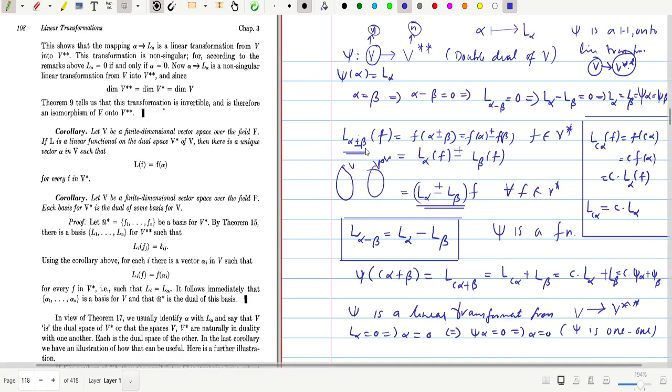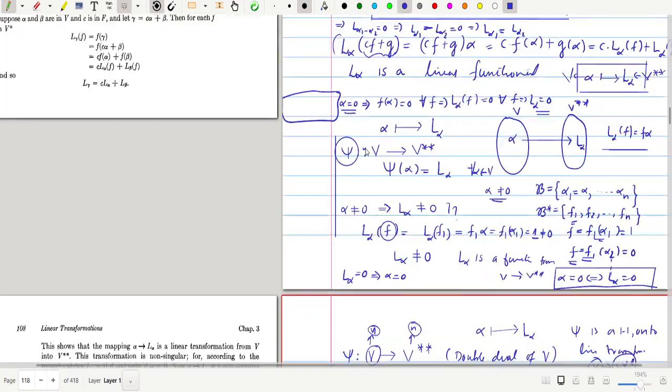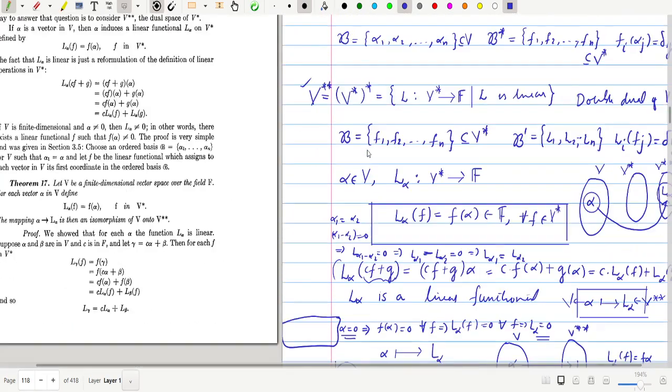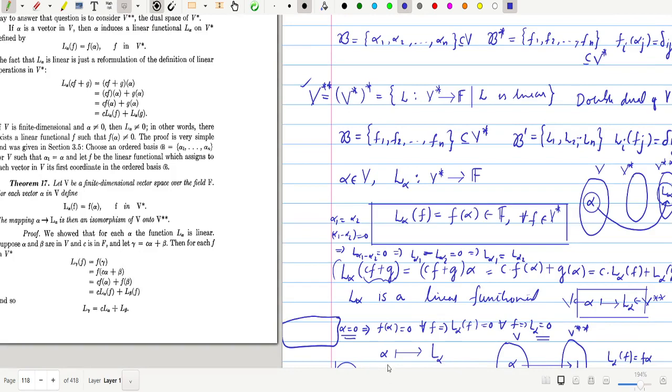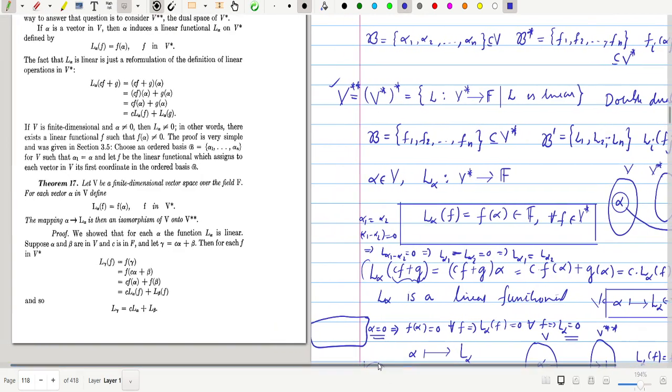So this is stated as the next theorem, theorem 17. In theorem 17, it has been stated that let V be a finite dimensional vector space over the field F. For each vector α in V, define a map L_α(f) equal to f(α).